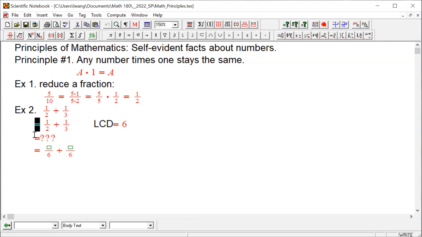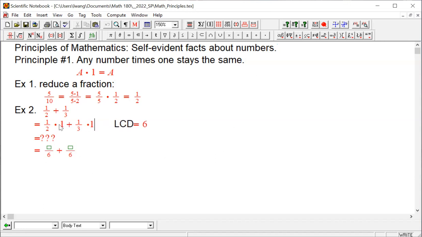Along the way, we want to keep them the same value. So what can we do? We're going to apply this property and multiply by 1.